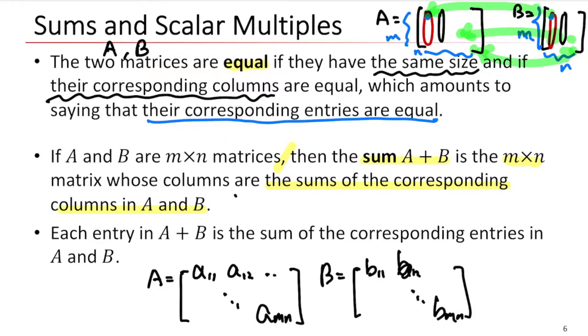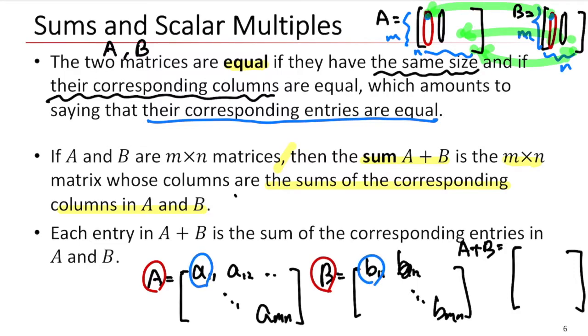What about A plus B? First of all, to find the sum A plus B, the size of matrix A and matrix B should be the same, and the sum of each entry will be the corresponding entry in the A plus B matrix. So it should be A11 plus B11. What about this one? Amn plus Bmn.